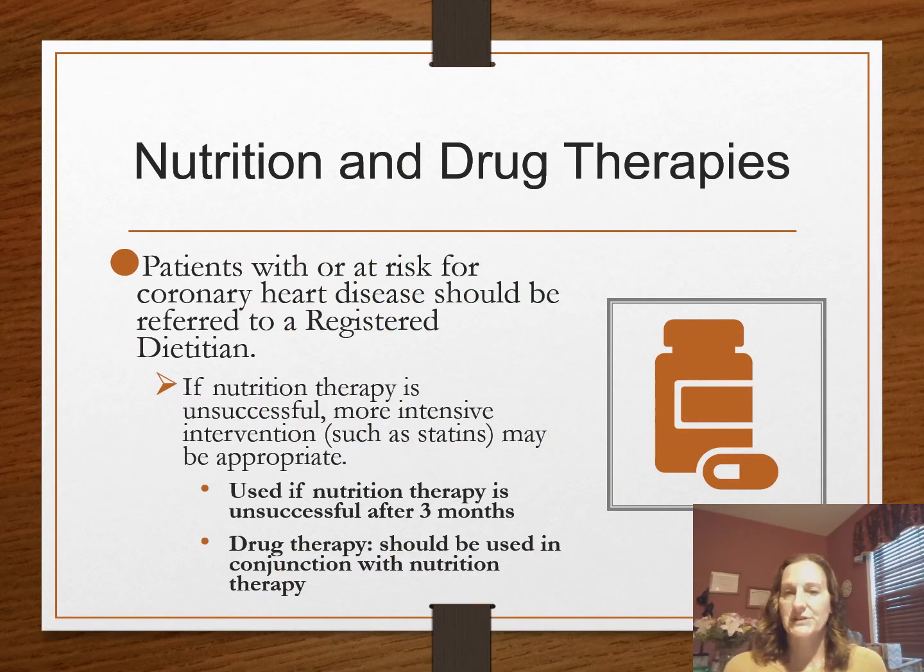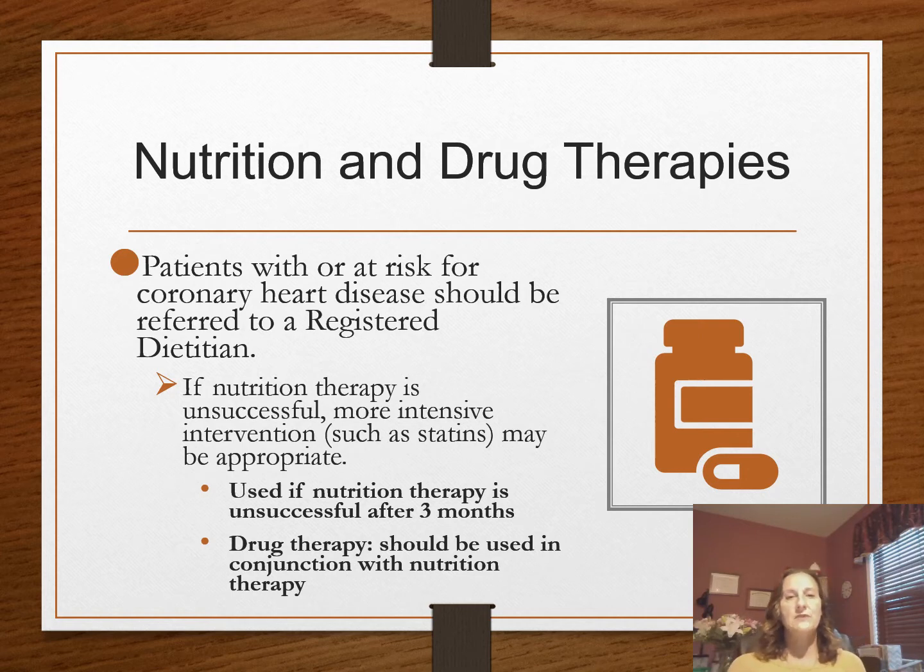Looking at nutrition and drug therapies, medical nutrition therapy is the first line of treatment. In Grodner, it's based on the 10 healthy living diet and lifestyle recommendations, which is in table 17.3 in your textbook.